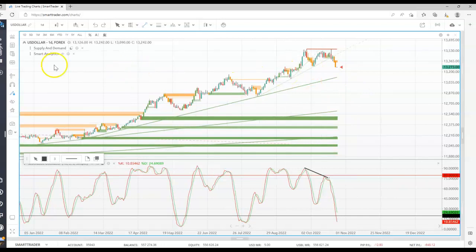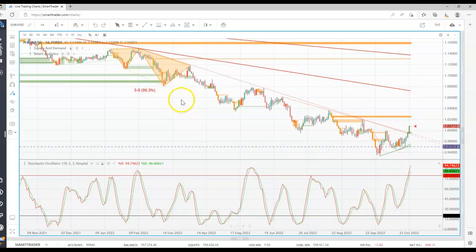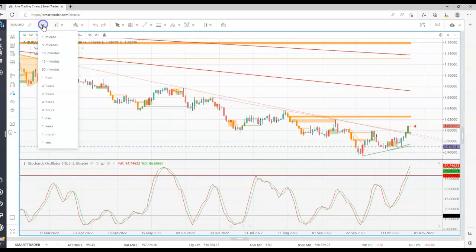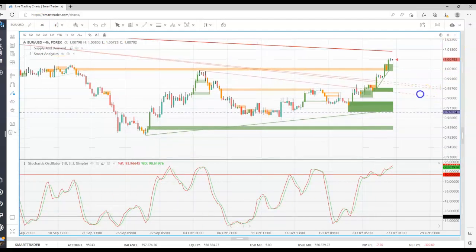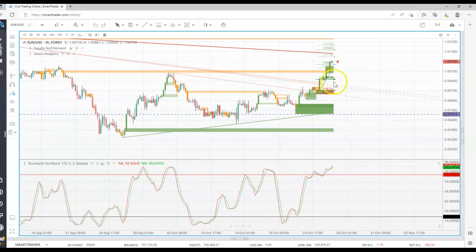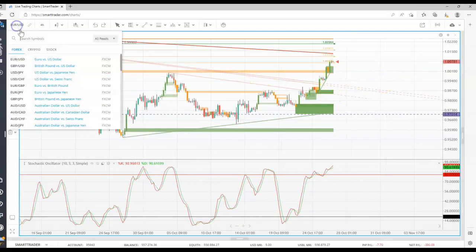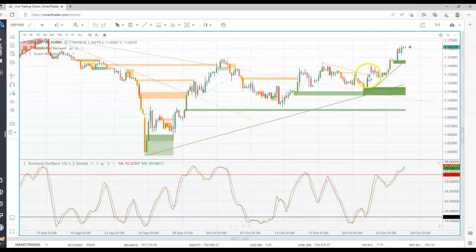Okay, so I don't trade the dollar index, but what I do trade is the other currency pairs. So what happened? I'll go into smaller time frames. We bought euro dollar, confirmation of a trend line break, and there it is. We bought pound dollar, and again, there it is.